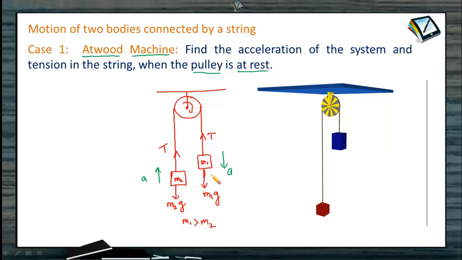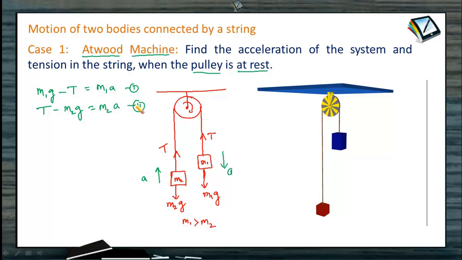Now let us write the free body diagram for the mass m1 and m2. Write the equation for mass m1 and m2. m1g, since the body is moving down, minus T is equal to m1a. This is our equation 1. For the second body, T minus m2g is equal to m2a.